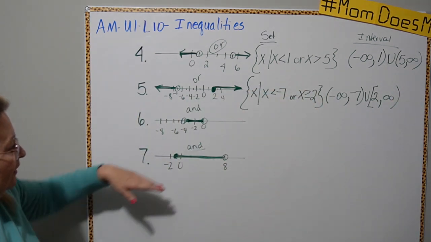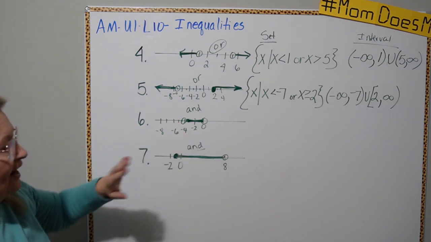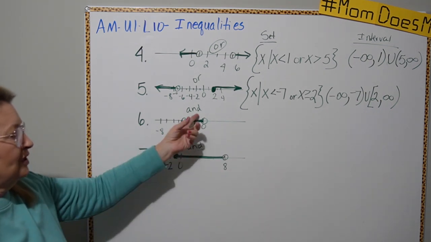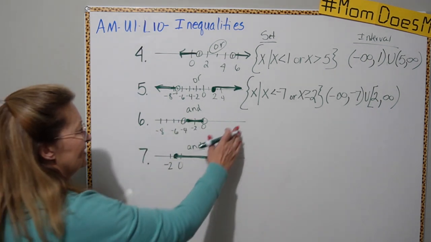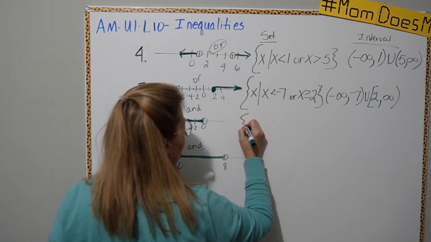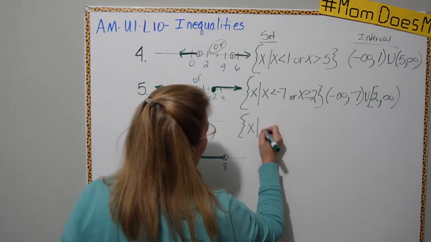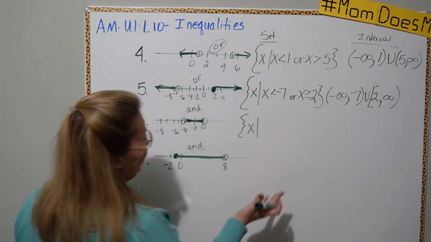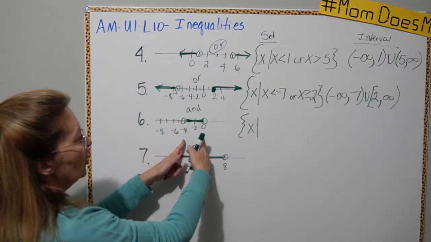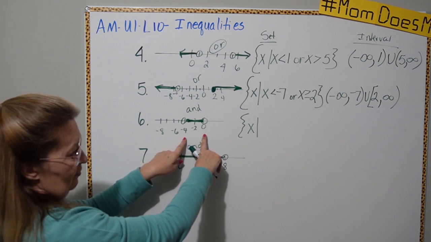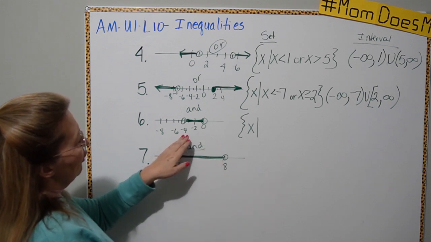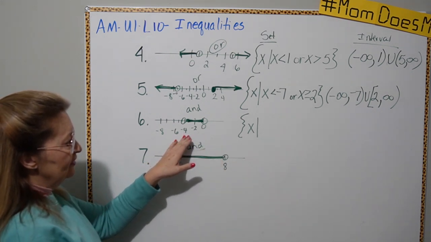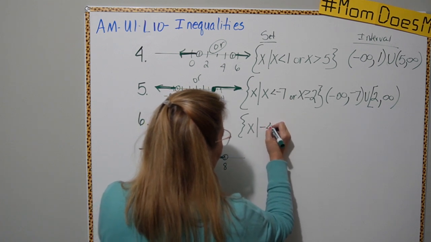All right. Let's look at number 6. Now, this one is an AND, so it's a little bit different, but it's still going to start off with x such that. Now, we're not going to have an x at the end because we have numbers at both ends of our graph. So we're going to start off with the number that is at the far left, which is -4.